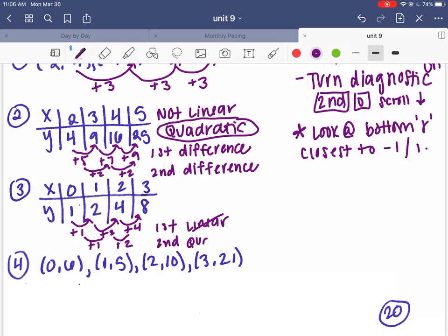The second difference is not the same, so it's not quadratic. So likely it's going to be exponential, and let's double check what that looks like. From 1 to 2, I multiply by 2. From 2 to 4, I multiply by 2. And from 4 to 8, I multiply by 2. So since we're multiplying by 2, it's exponential.